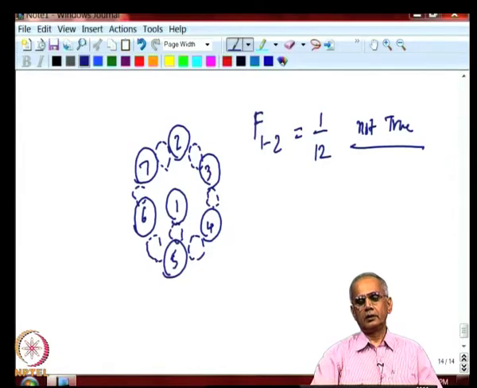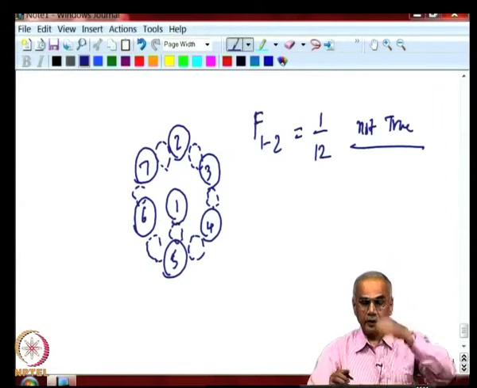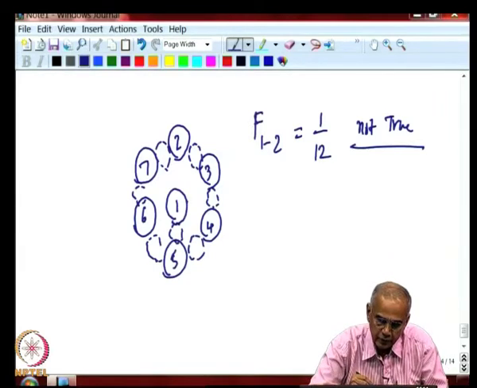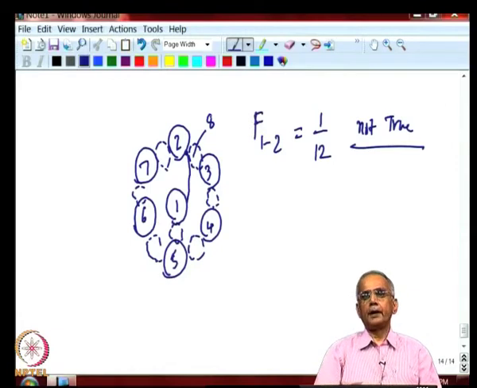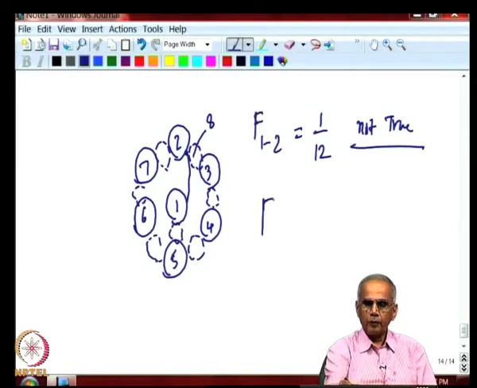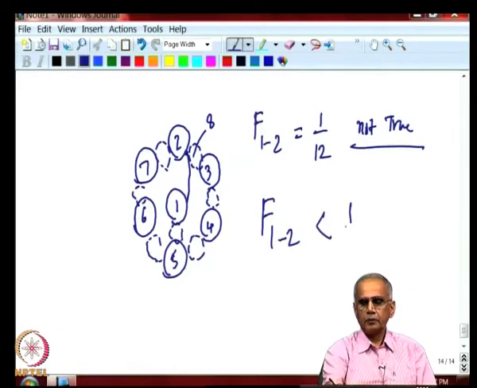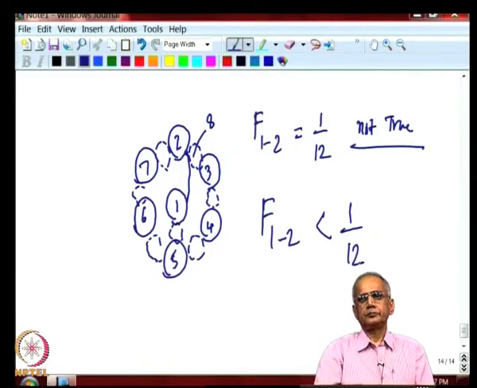But you have to be a little careful here, you have to actually construct this and ensure that there is no chance that some of the rays going from 1 to 2 is obstructed by, let us say, cylinder 8. If that happens, then F 1 2 will be less than 1 by 12. So, one has to be careful.